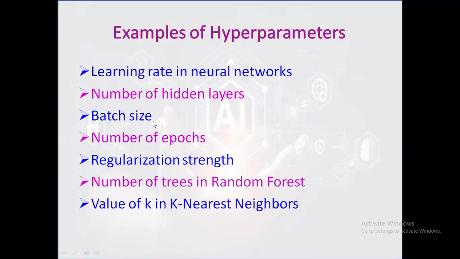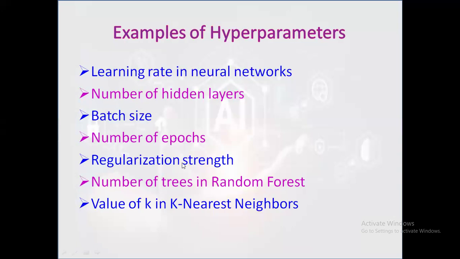Large batches speed up the computations but may reduce learning stability. Next, number of epochs. Epochs represent how many times the model passes through the entire training data set. Too few epochs may cause underfitting, while too many can lead to overfitting.